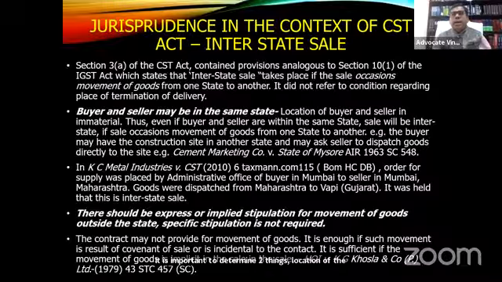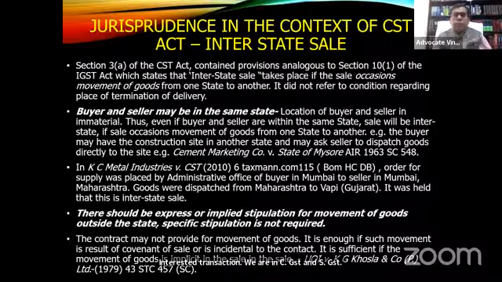Once we identify that, then for IGST to be levied, it is essential that they are in two different states. If the location of the supplier and the place of supply are in the same state, then it will be a case of intra-state transaction wherein CGST and SGST will be levied.